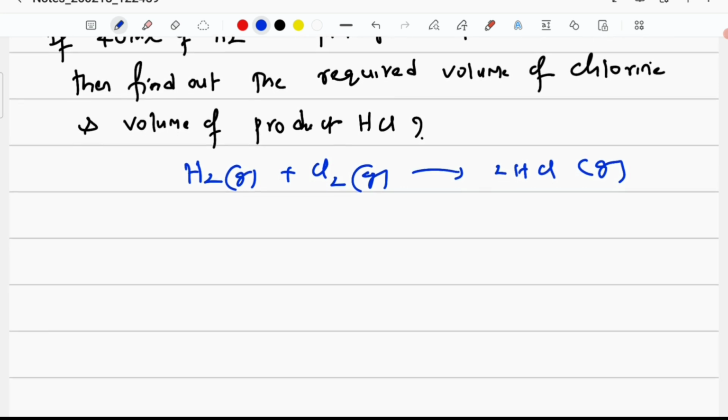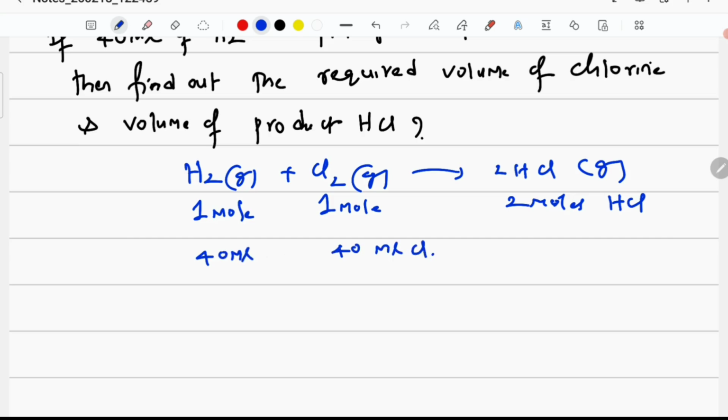According to the reaction, 1 mole of H2 reacts with 1 mole of Cl2 to form 2 moles of HCl. If it is 40 ml of H2, it reacts with 40 ml of Cl2, just comparing volumes.